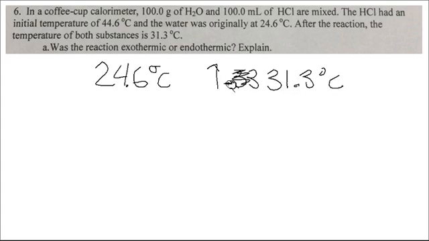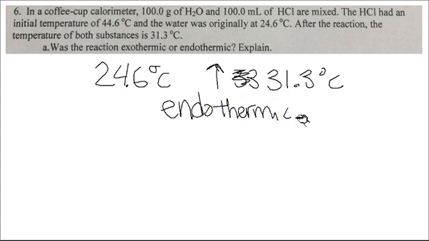So since the heat of the water increased, or the enthalpy of the water, because we say heat is equal to enthalpy, this is an endothermic reaction because I need to add heat. So water increases in temperature, therefore the Q has gone up.